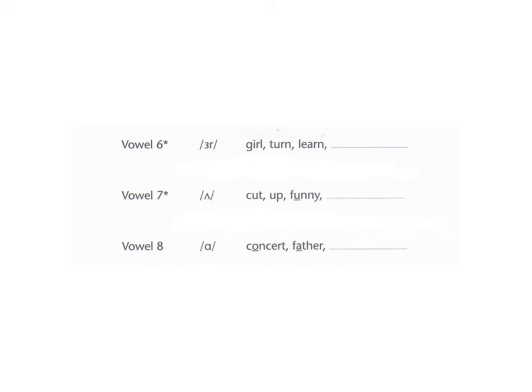So let's take a look at a new word and decide if it is vowel 6, 7, or 8. Ugly, ugly. What vowel sound is that? Give it a try. So the sound is like vowel 7: cut, up, funny, and ugly.